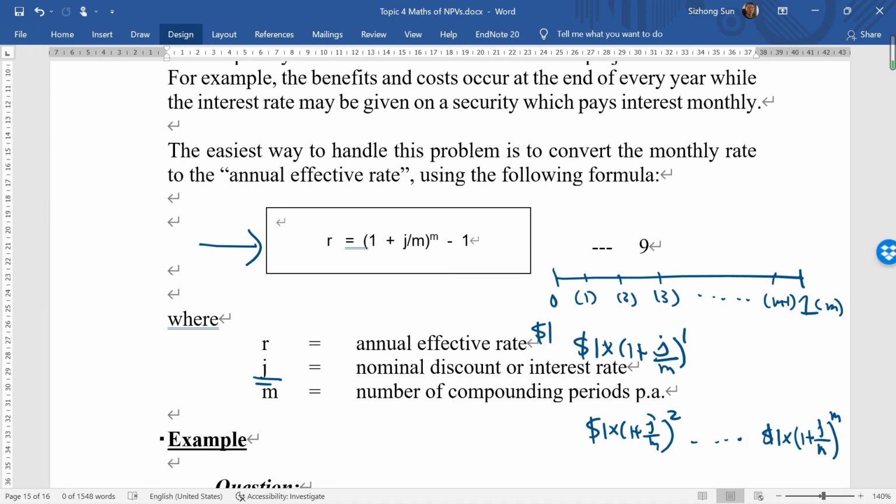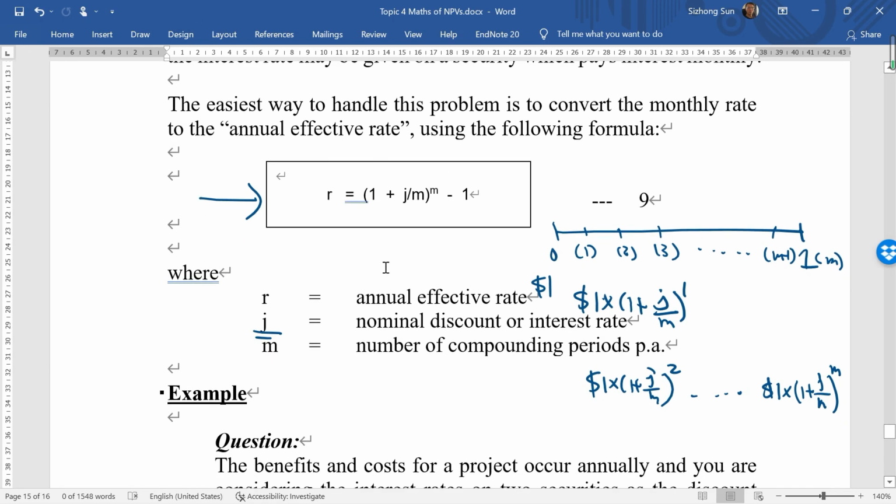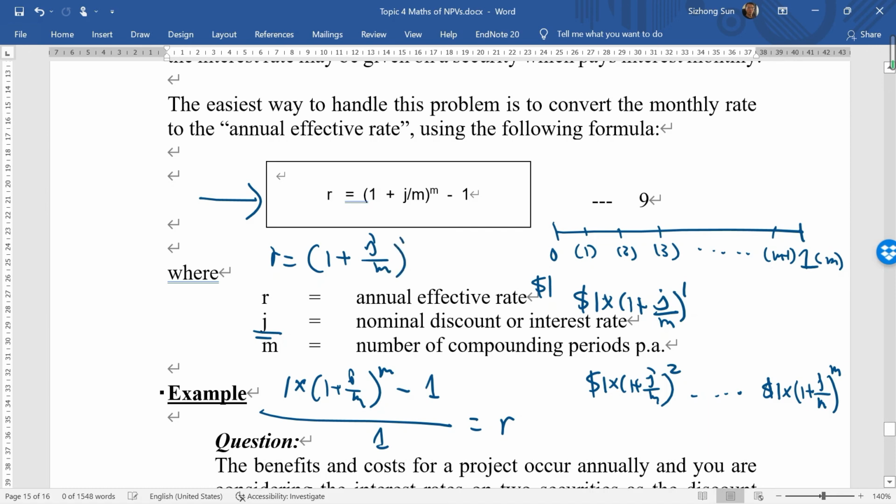Nominally the interest rate is J, but because we have m compounding periods within this 1 year, the effective rate is 1 times 1 plus J over m raised to the power m, minus 1, divided by 1. So this is the annual effective rate. Tidying it up, we get i is equal to 1 plus J over m raised to the power m, minus 1. That's where this formula comes from.